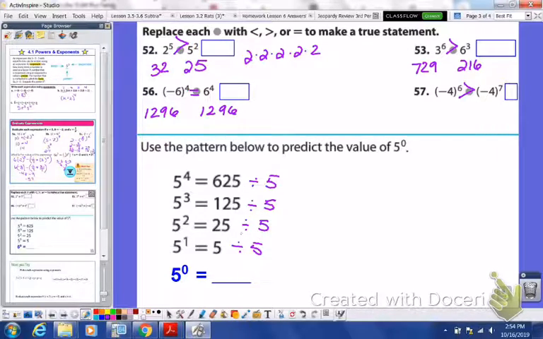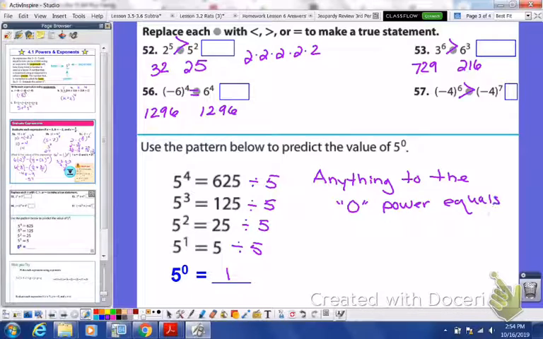So 5 divided by 5 tells us that 5 to the 0 is 1. So anything to the 0 power equals 1. Anything to the 0 power equals 1.